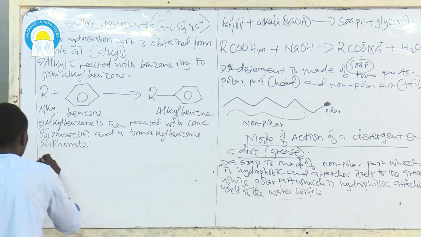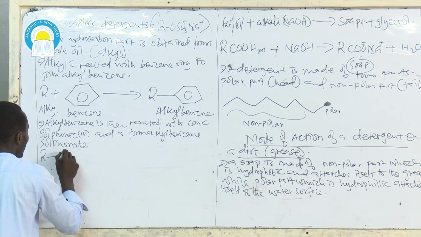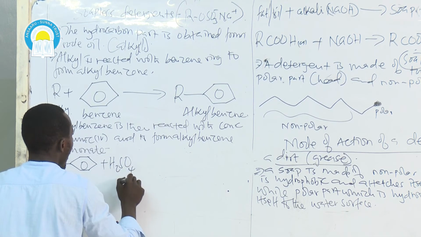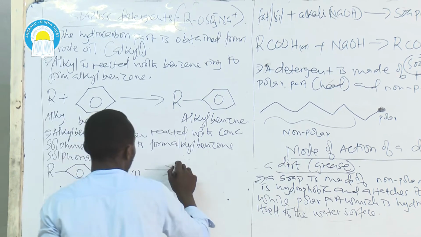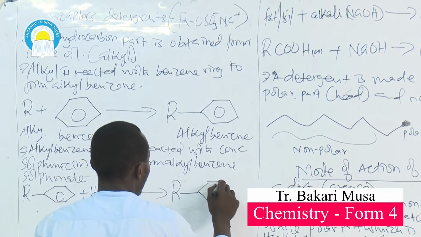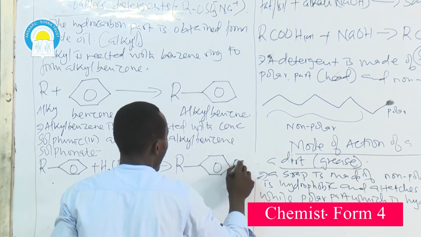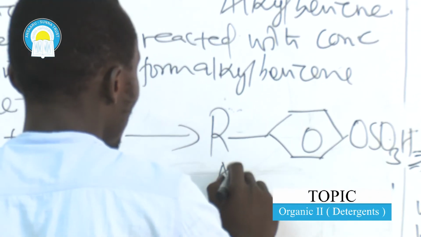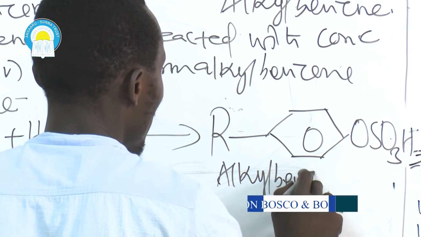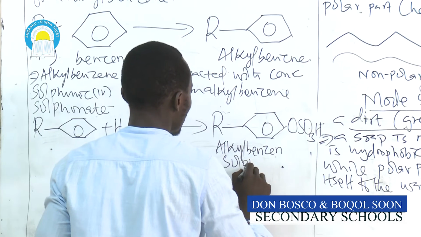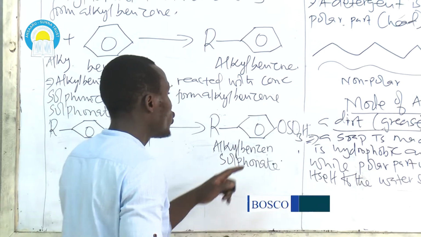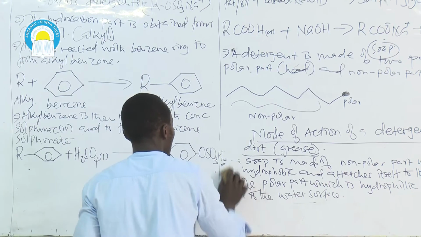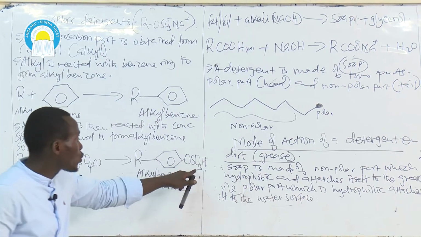So we are going to have R plus H2SO4 liquid, giving us ROSO3H. This is known as alkyl benzene sulfonate. So we have already introduced the sulfonate coming from sulfuric acid, which is OSO3H.